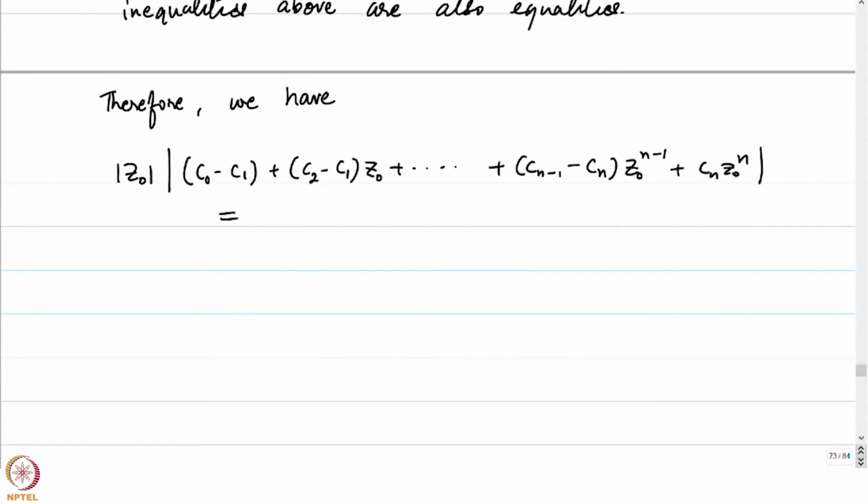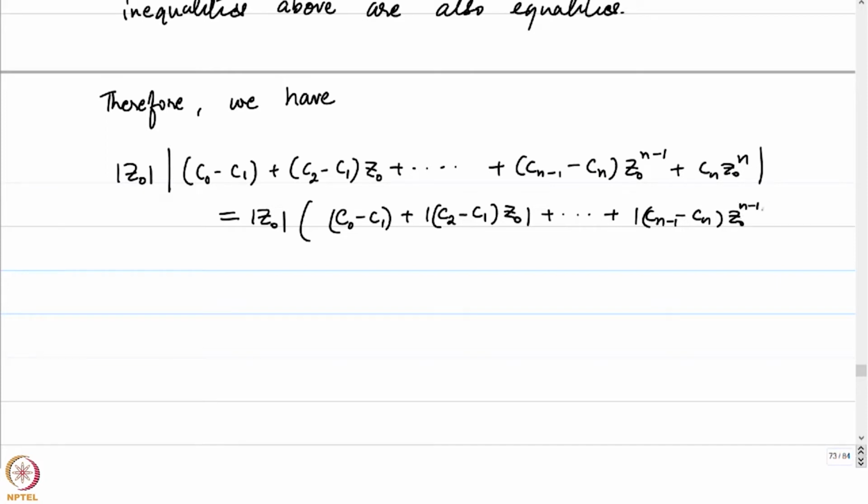This is equal to the absolute value of z naught times the absolute value of c naught minus c1 plus the absolute value of c2 minus c1 times z naught plus the absolute value of cn minus 1 minus cn times z naught to the power n minus 1 plus cn z naught to the power n.